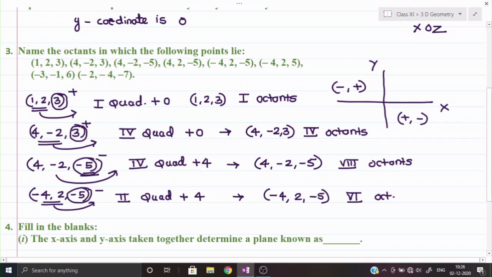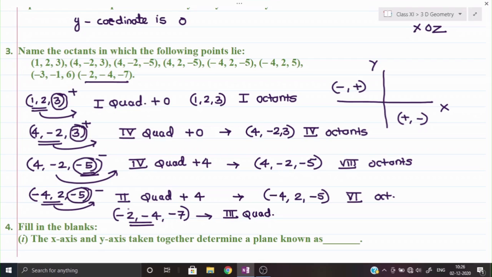One more, the last one: (-2, -4, -7). Think of (-2, -4): in which quadrant do they lie?